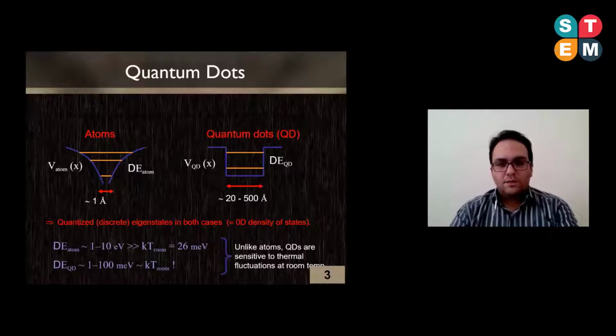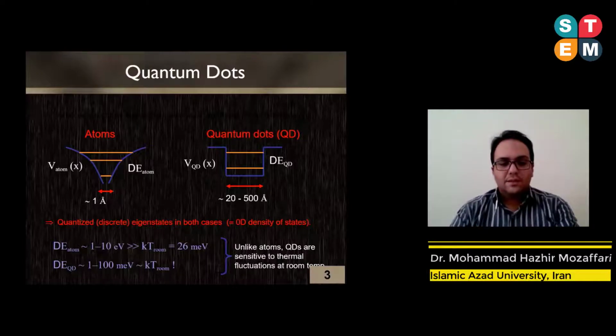Quantum dots are semiconductor particles a few nanometers in size, having optical and electronic properties that differ from larger particles because of quantum confinement. As you know, quantum dots have bound states and discrete electronic states that look very much like single atoms.